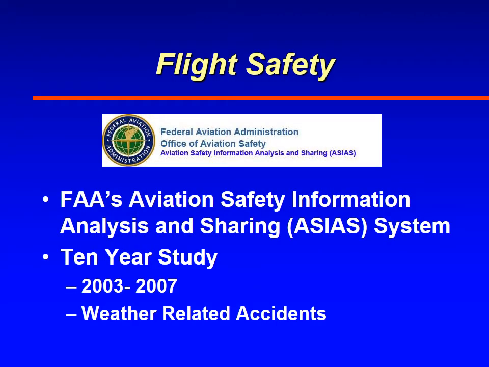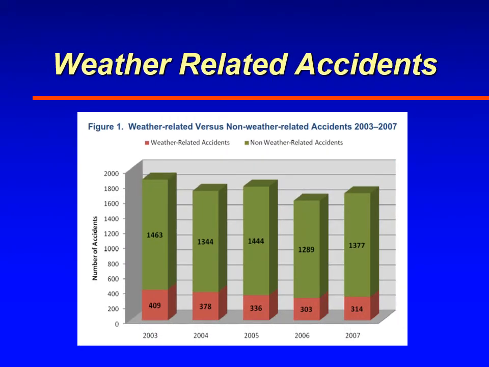The FAA conducted a study from 2003 to 2007 looking over the aviation weather-related accidents that were reported to the National Transportation Safety Board. This is the FAA's Aviation Safety Information Analysis and Sharing System. Over these few years, looks like 5 years actually, they tracked all accidents and also weather-related accidents.